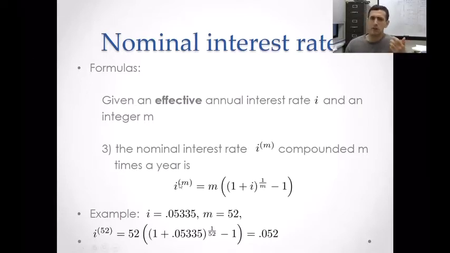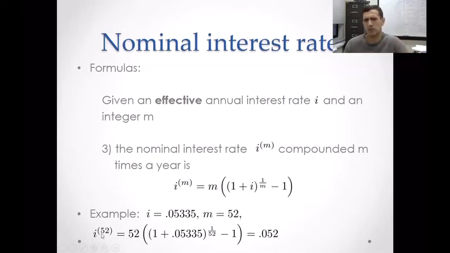It should be fairly clear from the examples I did, but just to emphasize, these formulas give you nominal interest and effective annual interest, respectively, as a rate, as a decimal rather than a percentage.